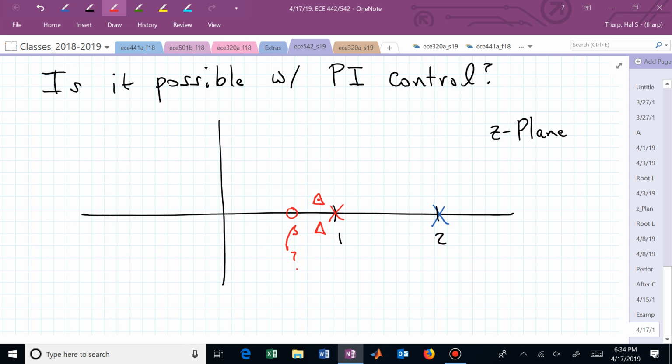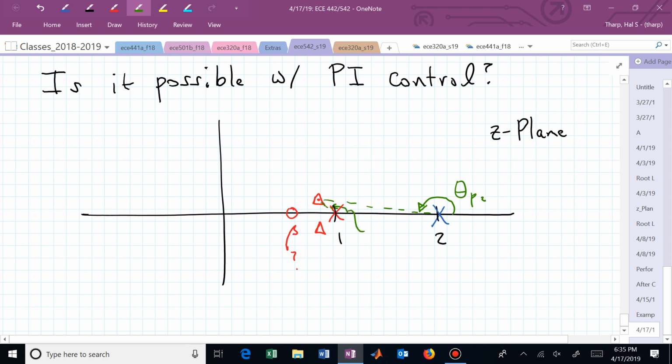and once we know that triangle, which we do, that's at 0.9 plus J 0.1, we know exactly what the angles are from those 2 poles, because those 2 poles are fixed. I now know that I can calculate this angle. This is going to be maybe hard to draw, but I can find that angle. That's theta p sub 2, just using some trig and geometry. I can also calculate this angle.